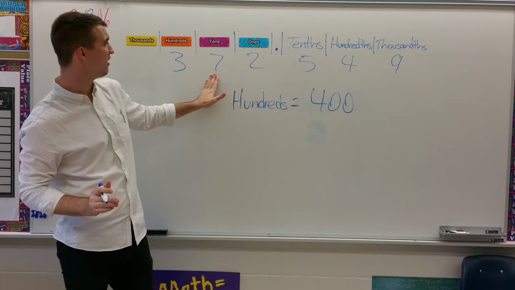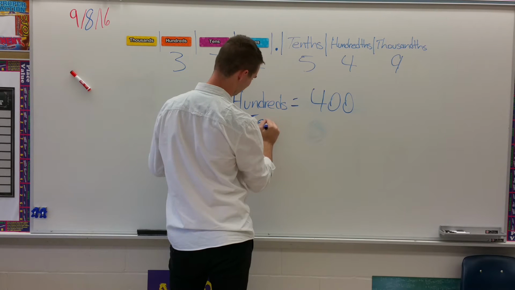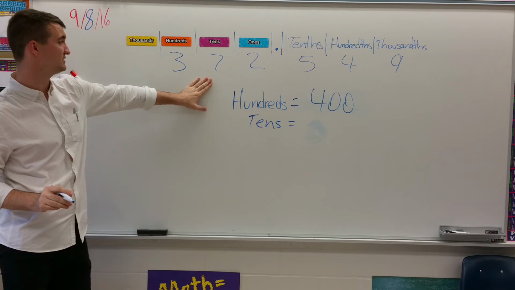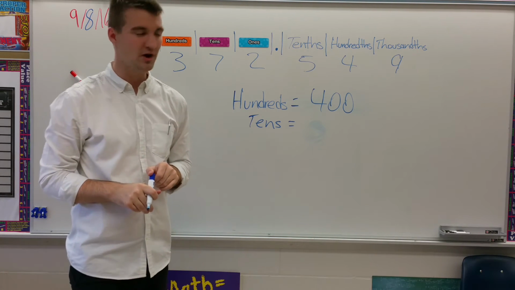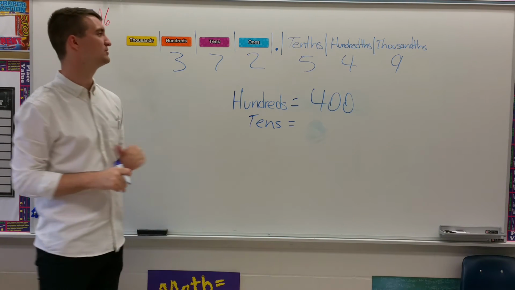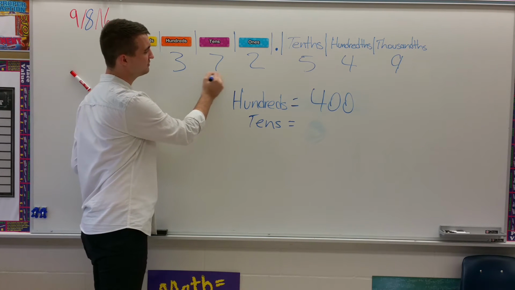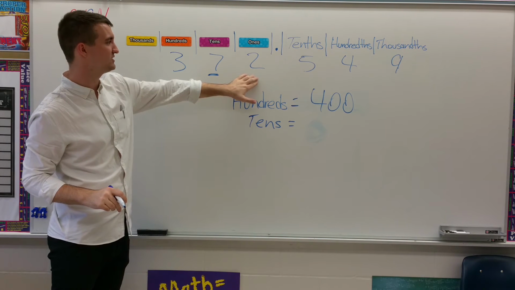All right, so I'm going to move on to my tens place. I'm going to round to the nearest 10. I have the number 372 and 549 thousandths. I'm going to look at my tens place, which is this 7 right here, and then look at one number behind it in my ones place, my 2.